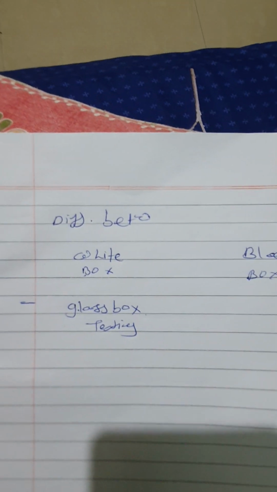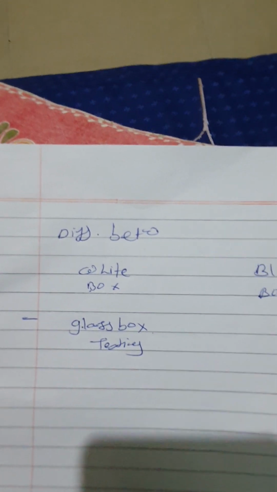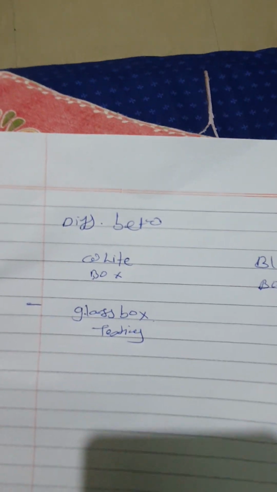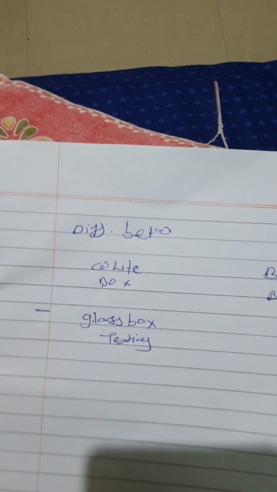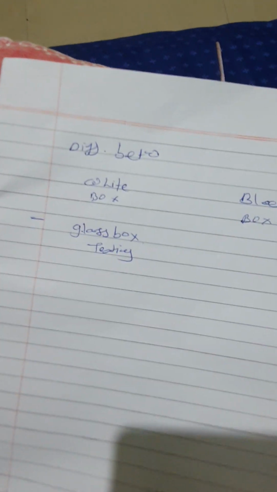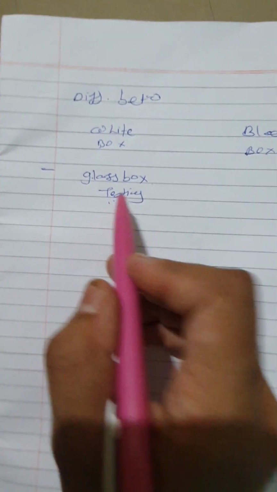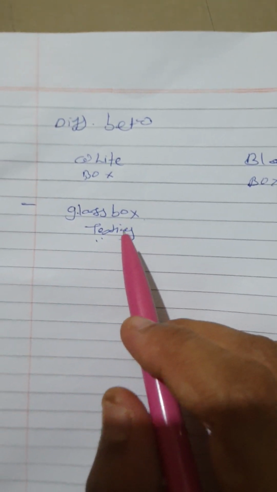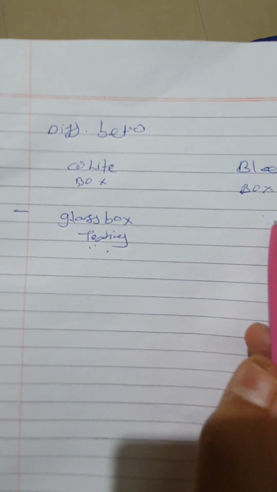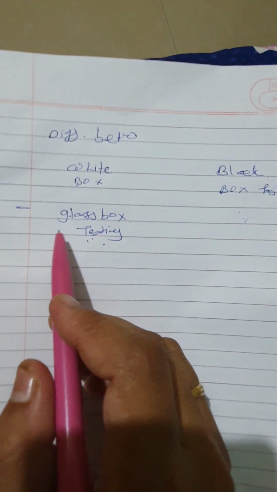Because it focuses on the internal structure of your software, and through glass, through a mirror, you can easily see whatever is stored behind that glass. So it is called glass box testing, means transparency, or structural testing. And black box testing is also called functional testing or behavioral testing. This is the first difference.